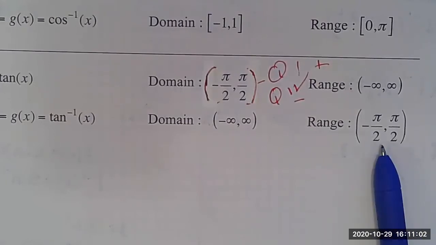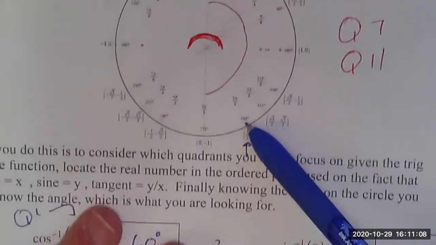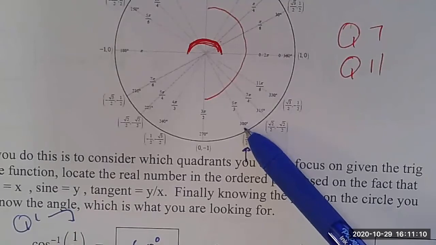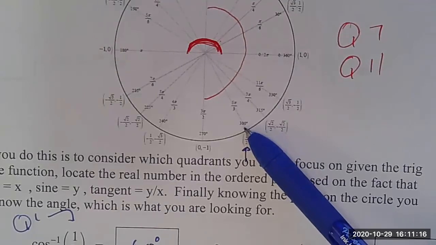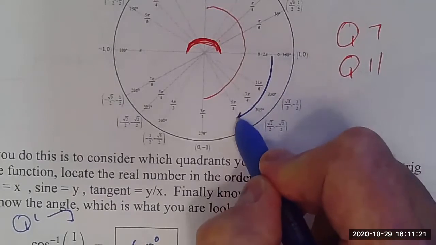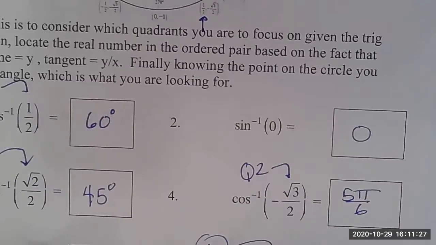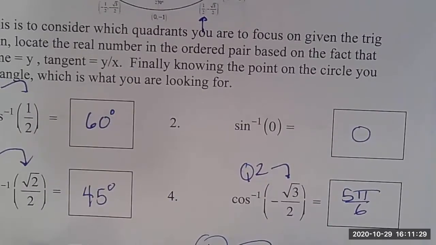That's the hard one. Even though what's pictured here is 300 degrees, isn't this the same as negative 60 degrees? Negative pi over 3? Right there. That's another way of looking at it. Sure, negative 60 degrees or negative pi over 3.